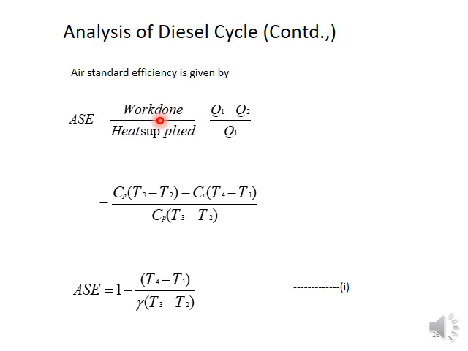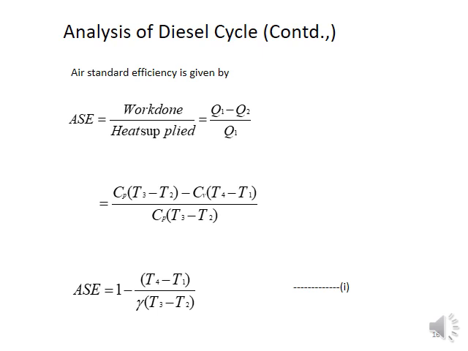We know the Q1 and Q2 values, so simply substitute them. Bringing Cv downwards, it becomes Cp by Cv, which is nothing but gamma. So air standard efficiency in terms of temperatures and the adiabatic index is 1 minus (T4 minus T1) divided by gamma into (T3 minus T2).